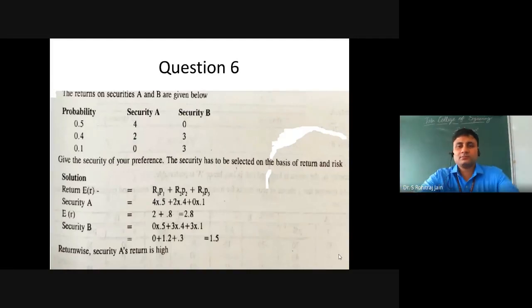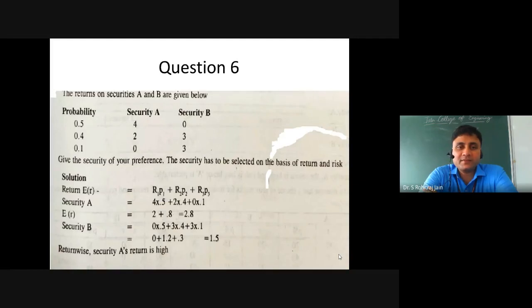Now, students, as I mentioned, your calculators should be with you, right? I will first read the question so that we can analyze it. The returns on securities A and B are given below. They have given the returns of two securities and the probability of their returns.